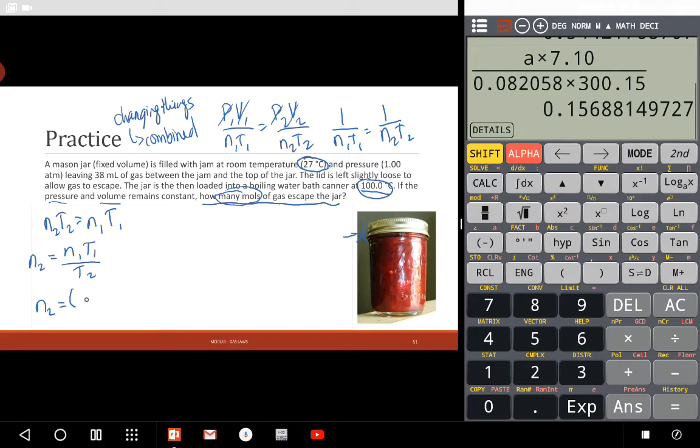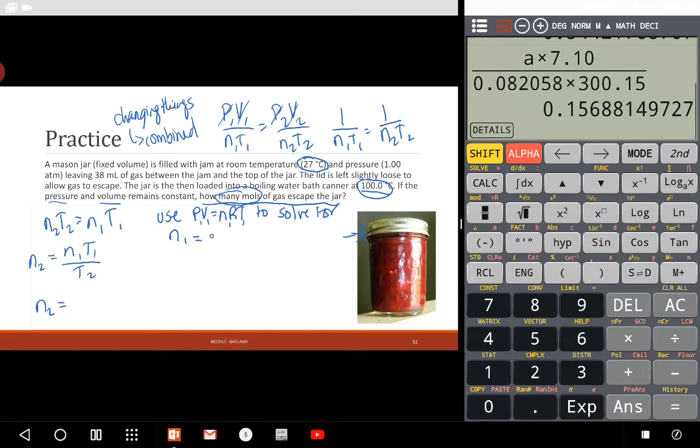I'm going to have to solve for N. So I'm going to have to use PV equals nRT, solve for N1. I'm not even given N1. I have to solve for N1.